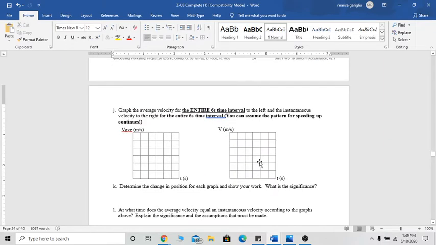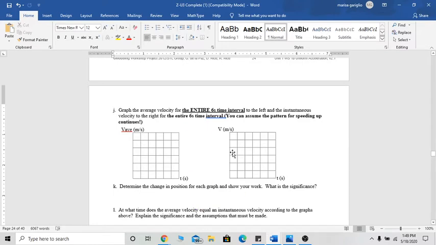And I think what I did was I scaled this out to 4 seconds, and I went up and put a dot where that time was and then drew a line through that. Your maximum velocity on this one is going to be 3 meters a second. So you're going to have 6 seconds here, 3 meters a second here. And then go ahead and graph that.